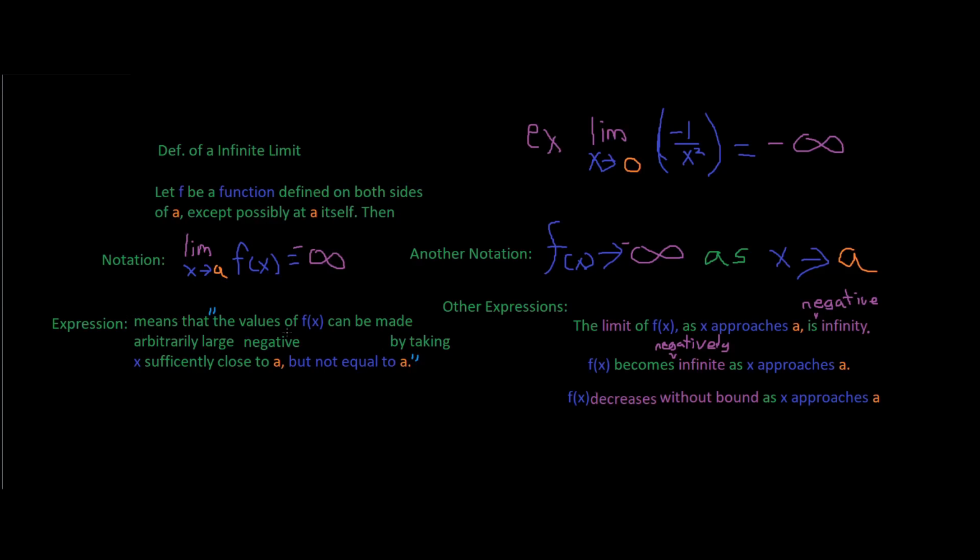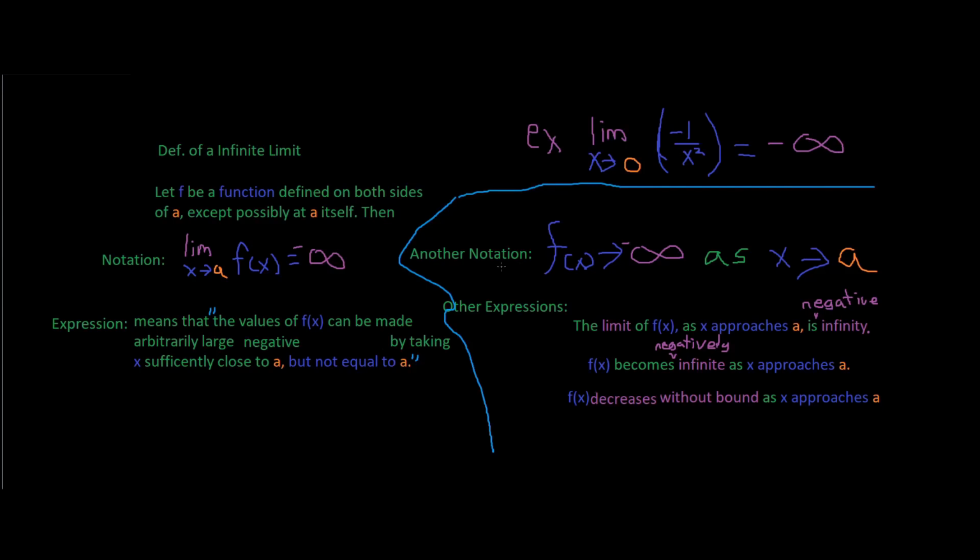It says, the values of f of x can be made arbitrarily large negative by taking x sufficiently close to a, but not equal to a. So the only difference is that we're going to have something that says negative. Alright, so let's take a look over here. And so right here we have an example of how negative infinity looks.